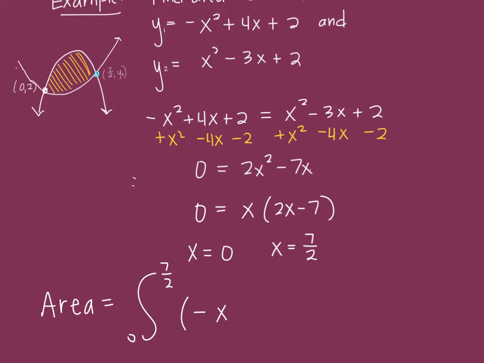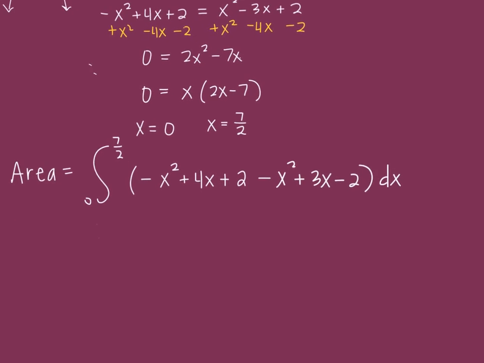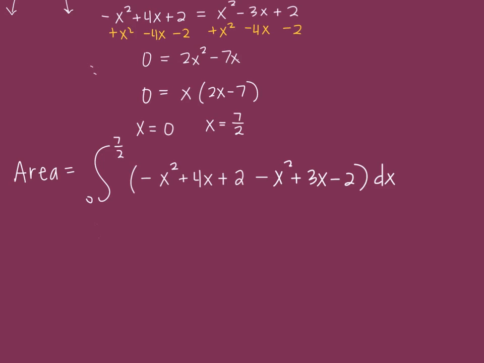So that's negative x squared plus 4x plus 2 minus the equation for the lower parabola. When you subtract, make sure you change all the signs. So x squared plus 3x minus 2. And then we say dx to indicate that we're going left to right. So your algebra is done, and now you're ready for the calculus part of the problem.